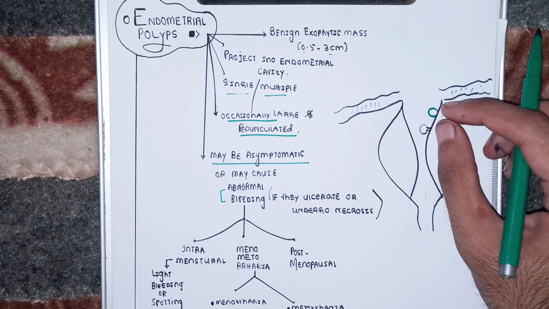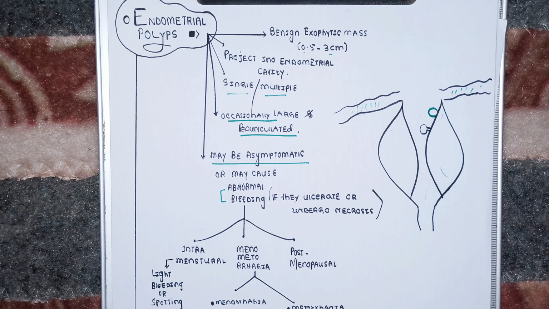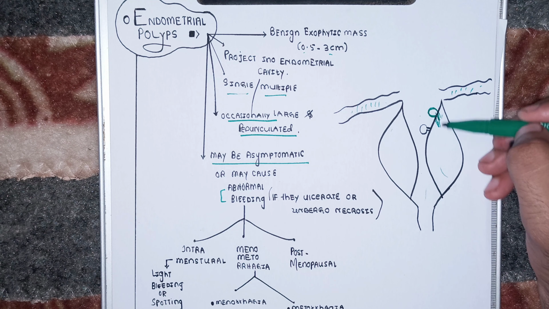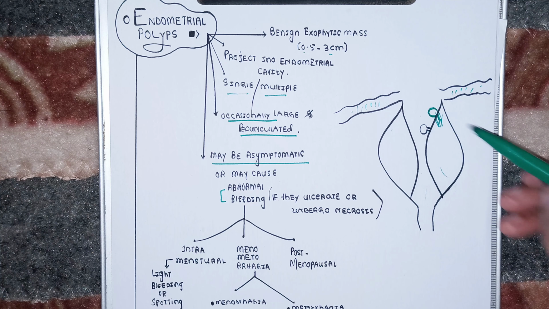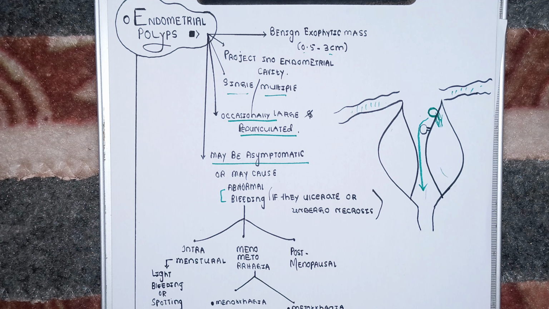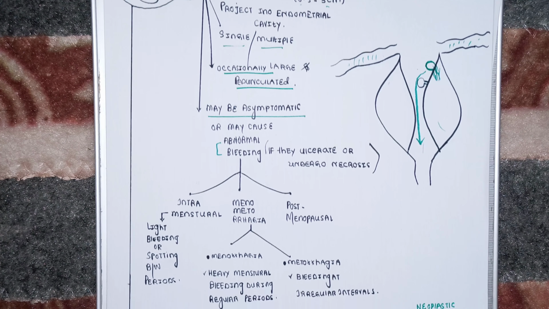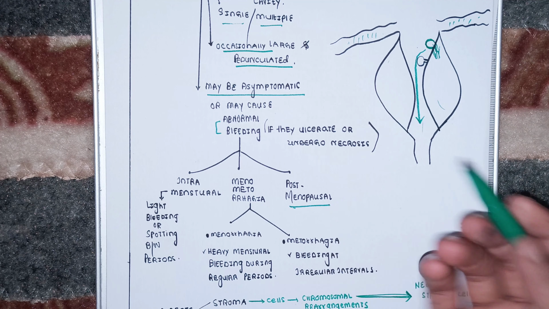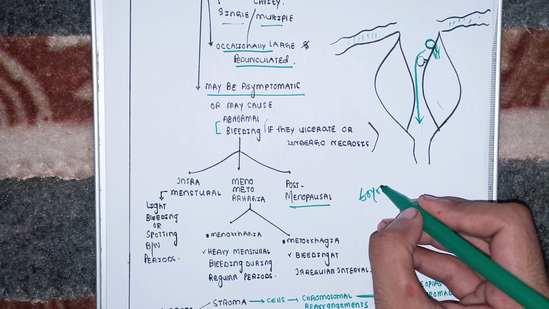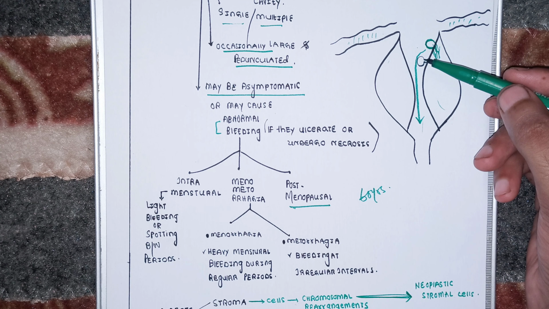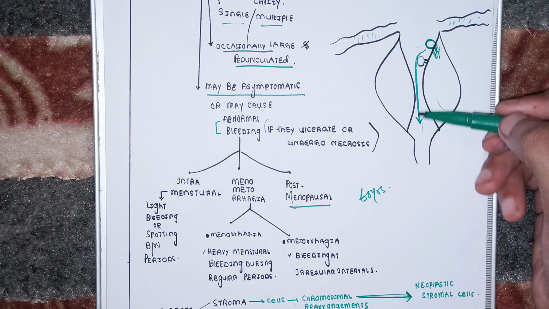These polyps, beta, if necrosis occurs in them, or if these polyps ulcerate the wall of the endometrium below and rupture blood vessels, then it is possible that there will be bleeding by this route. And that bleeding will surely be abnormal bleeding, and that bleeding may be postmenopausal. Let's suppose you are a 60 year old woman and you develop this polyp in your endometrium, then there will be bleeding.